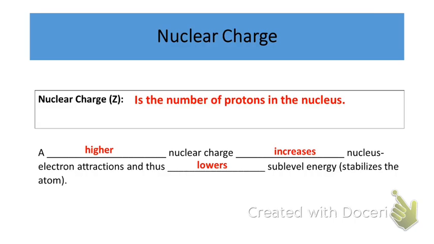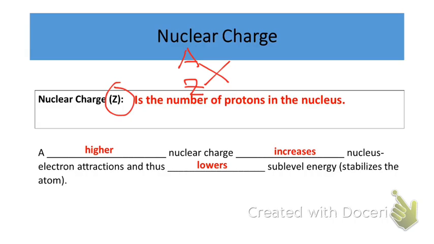Alright, first of all, what is the nuclear charge? Now, if you recall from Unit 1, the letter Z represents the number of protons in the nucleus, or the atomic number. And if we write out the isotope symbol, remember X represents the symbol, A is the mass number, and Z is the atomic number, or the number of protons.